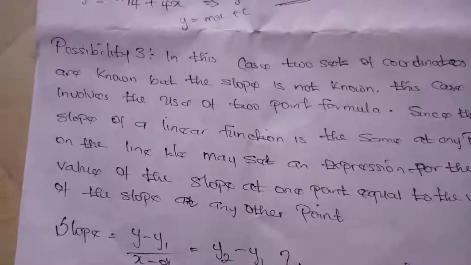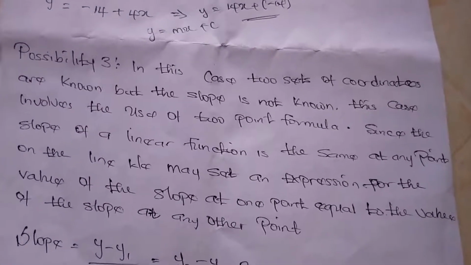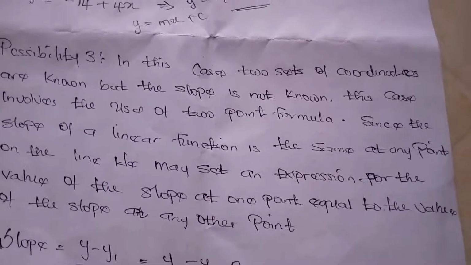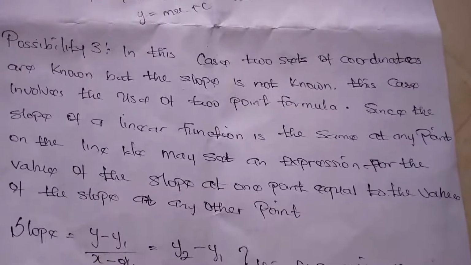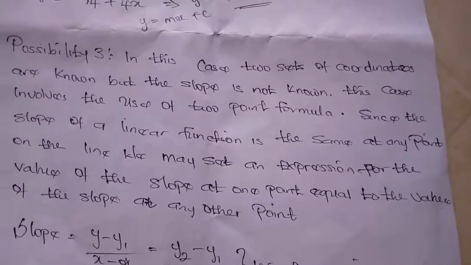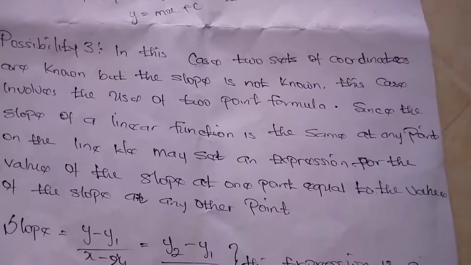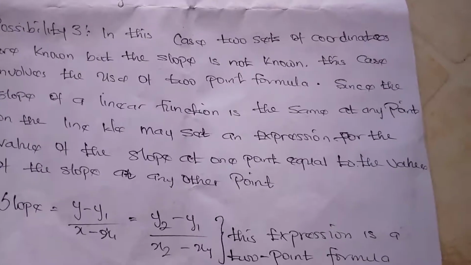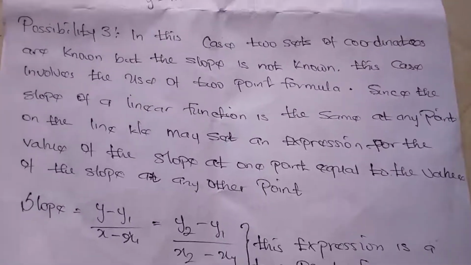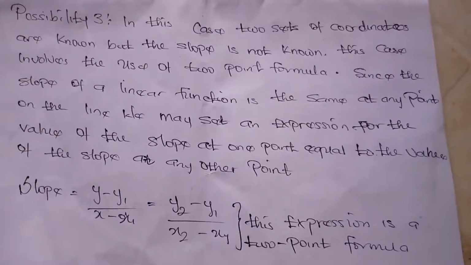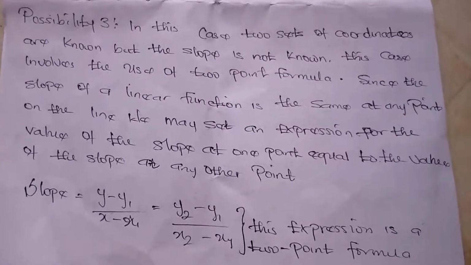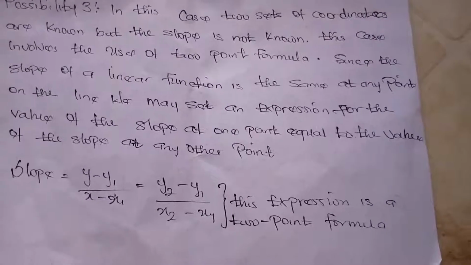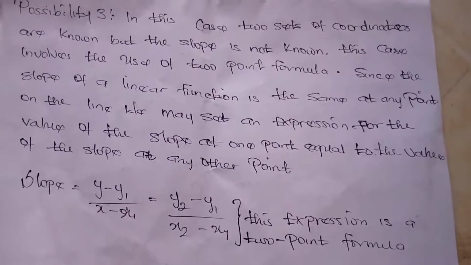Now going back to possibility 3. In this case, two sets of coordinates are known, but the slope is not known. This case involves the use of the 2-point formula. Since the slope of a linear function is the same at any point on the line, we may set an expression for the value of the slope at one point equal to the value of the slope at the other point.